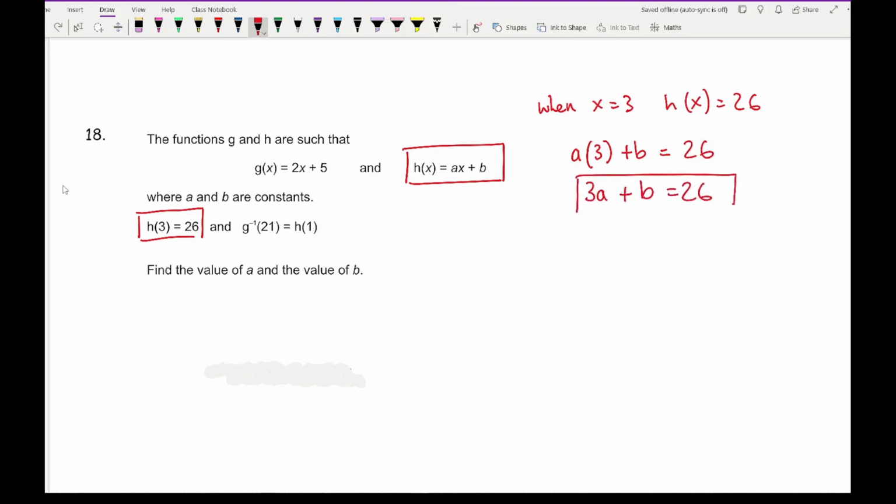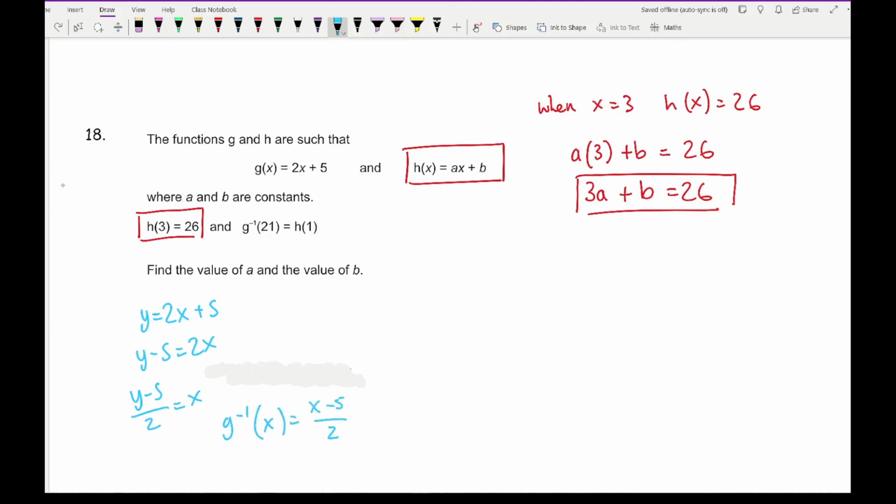And there's not much else I can do with that, so I'm going to leave it there. The next thing for me to do is work out the inverse function of g. So I get y equals 2x plus 5, y minus 5 equals 2x, y minus 5 over 2 equals x. So the inverse function of g is going to be x minus 5 over 2.